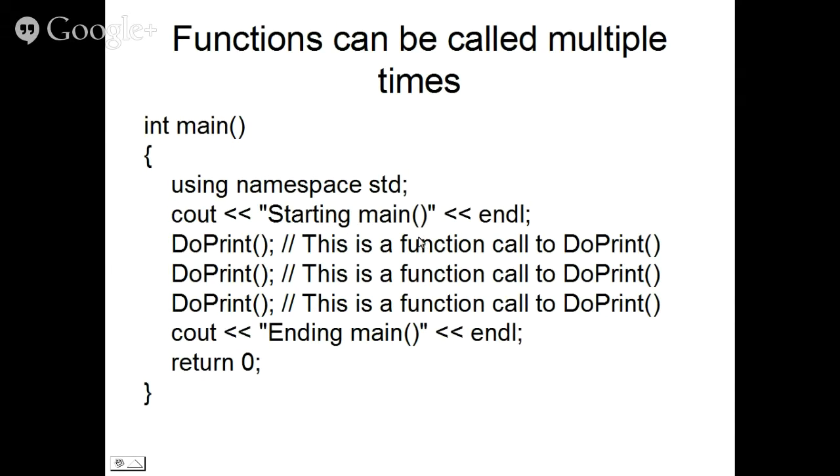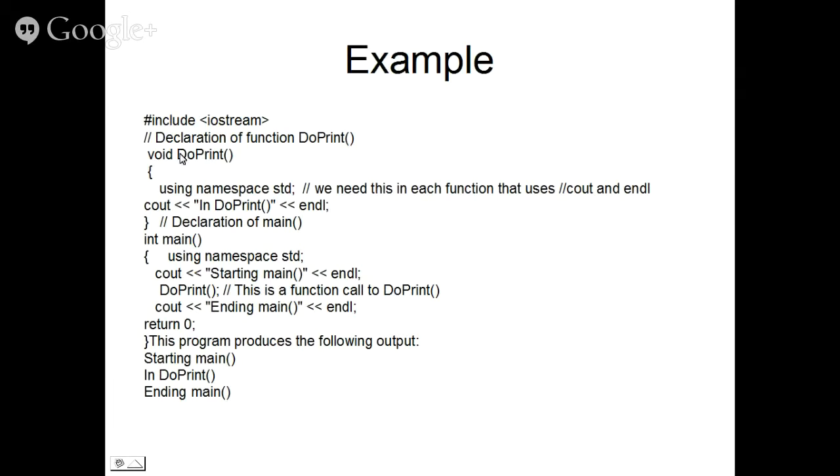If you see here, this is called the declaration and definition of the function. In these three statements we are defining our function doprint, whereas in this statement we are calling the function doprint. Technically, these are called function declaration and definition, and function call.